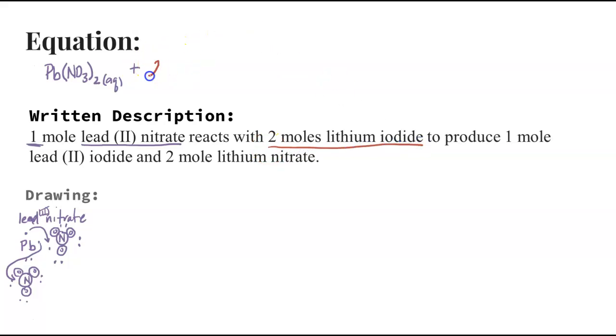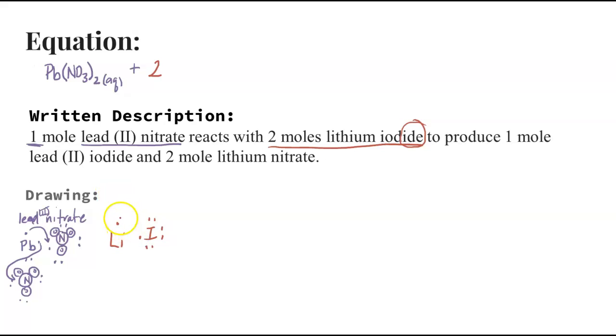So let's go ahead and put the 2 in front because we know that we have 2 moles of it. That's the coefficient. Notice this does not have an ate ending. It has an ide ending, which means that I need to look at my periodic table for this one. So lithium, I know, has 1 valence electron, and iodide has 7.